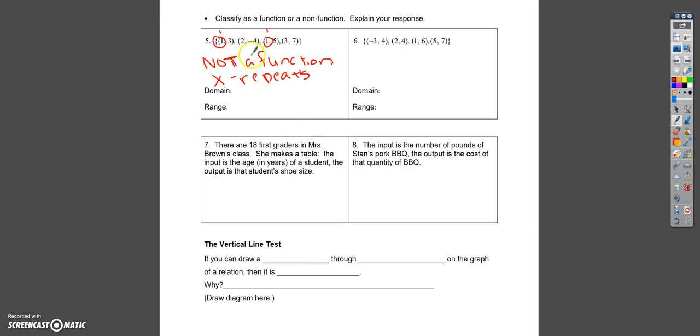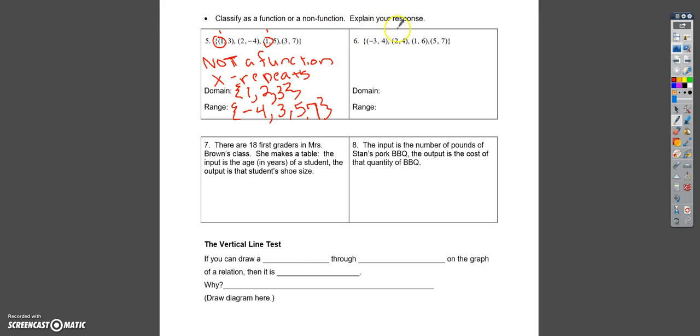Our domain, 1, 2, 1, 3. We can write our domain 1, 2, 3. Don't repeat numbers. The range, 3, negative 4, 5, and 7. Negative 4, 3, 5, 7.